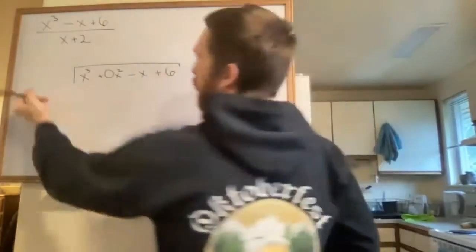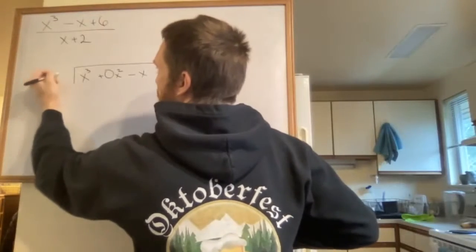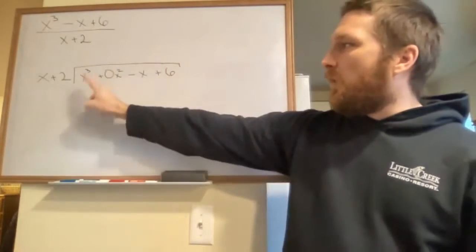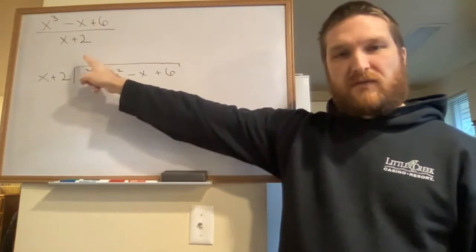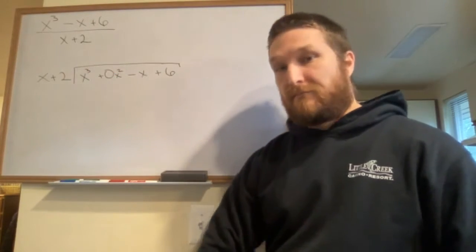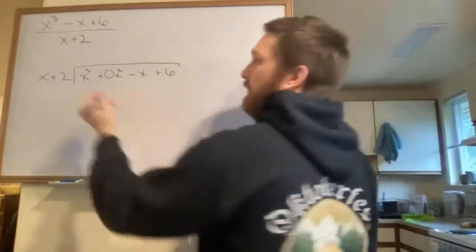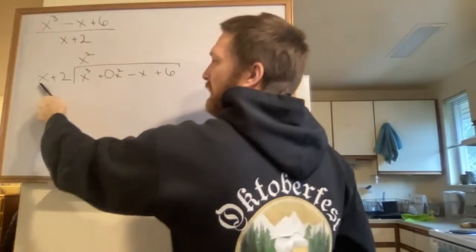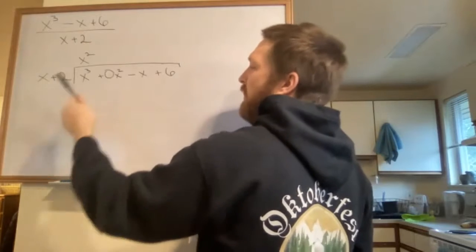So okay, we're dividing by x plus 2. What do I put here? What's first? So you multiply by x squared, I think. Yes, because x squared is the number I need to multiply this guy by to give me that guy right there.